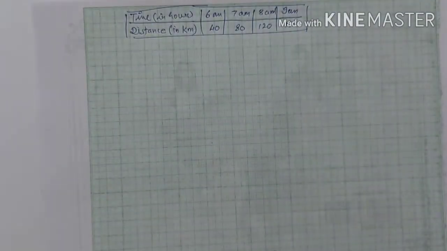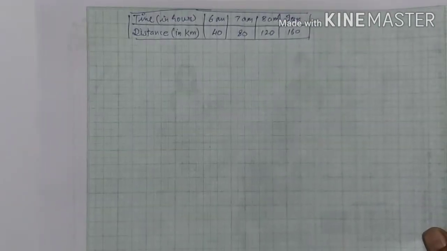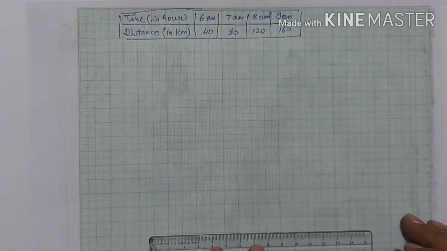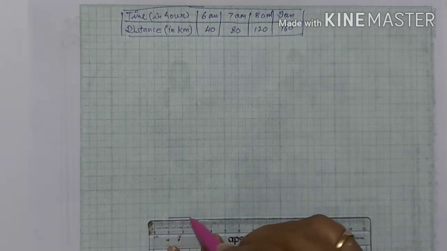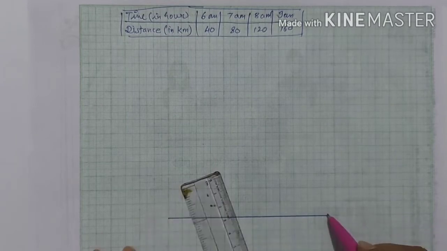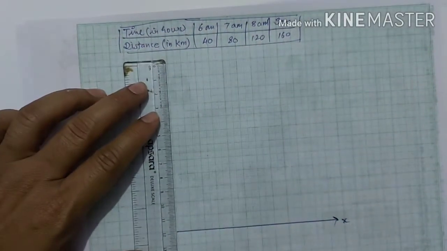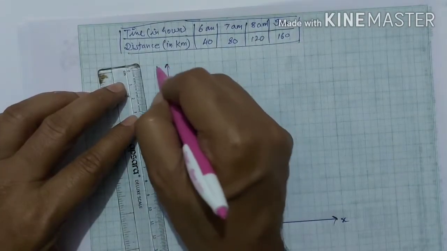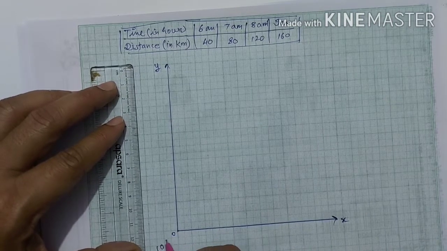Now the second question. Again, first we draw the x-axis and the second axis, the y-axis, and the point 0 is called the 0, 0 coordinate.